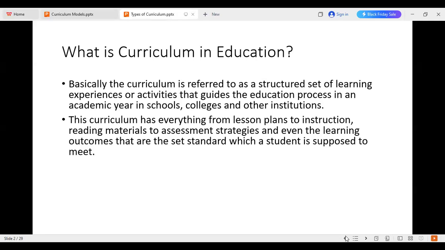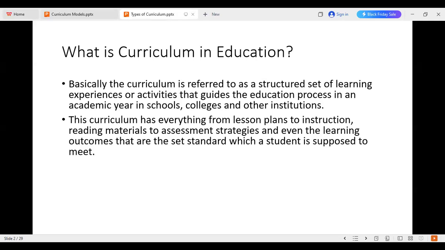For the question, what is curriculum in education, we may get different answers. Basically, the curriculum is referred to as a structured set of learning experiences or activities that guides the education process in an academic year.